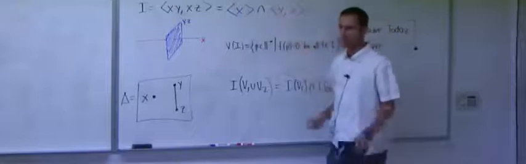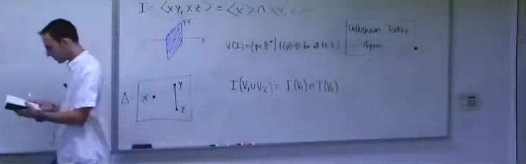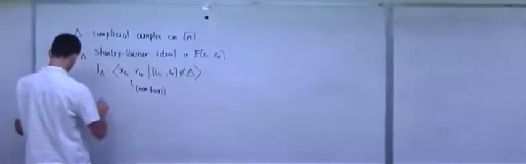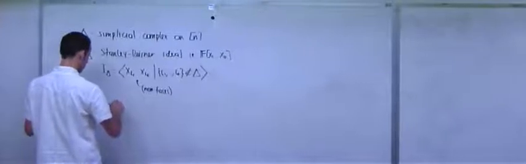What do I want to do? I want to take a square-free monomial ideal and express it as an intersection of simple things. Turns out that that's pretty easy to do. So what I'm going to do is make a definition. Let me define an ideal M super tau.